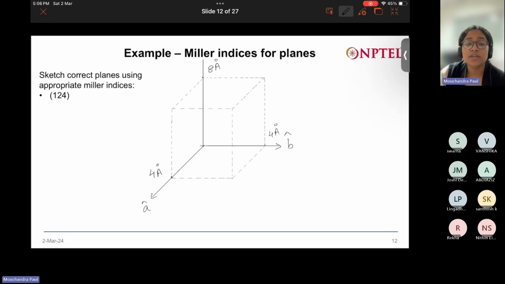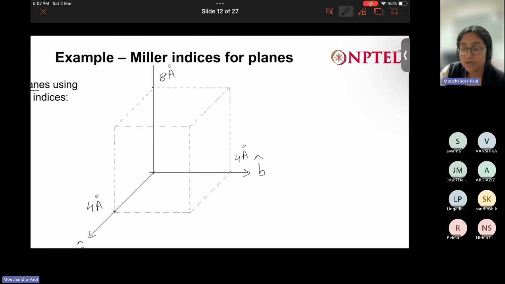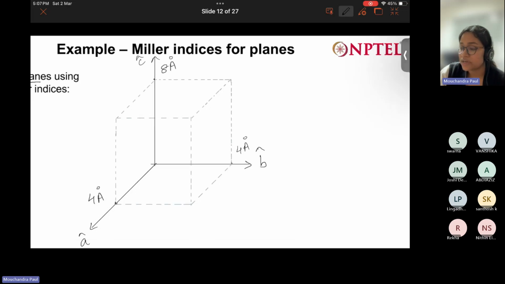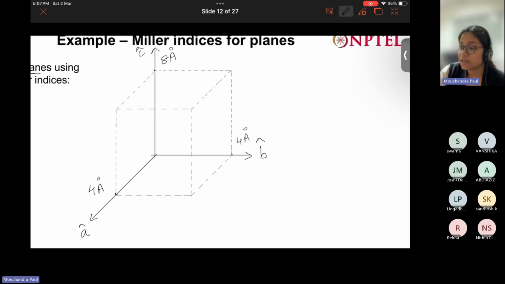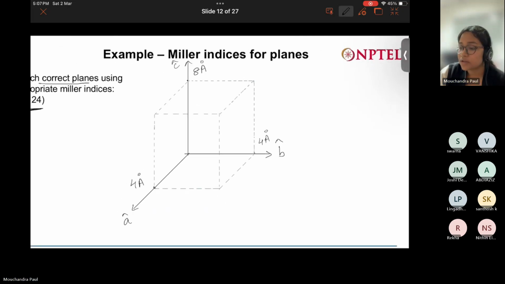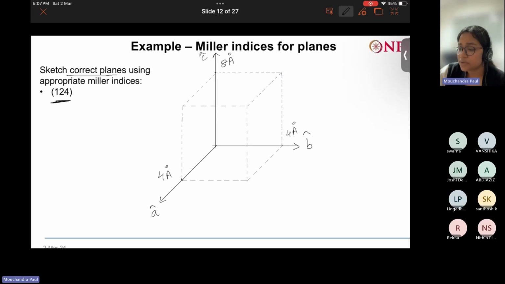So in this example, you are asked to sketch the plane that is represented by this Miller index. You are given the Miller index, and for that Miller index, you have to draw the plane. Now, this is your unit cell, and these are your axes, represented with vectors: A vector, B vector, and C vector. This is in the X direction, this is in the Y direction, this is in the Z direction.